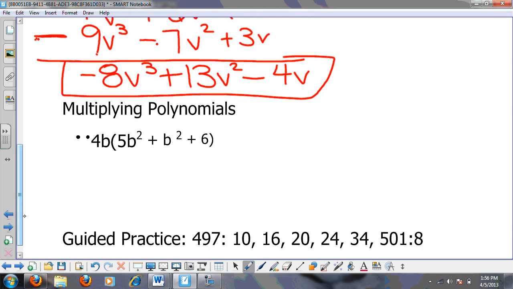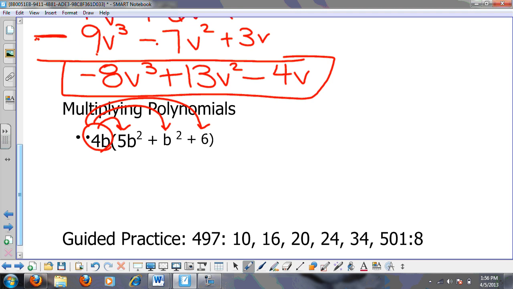Multiplying polynomials. Just like the distributive property, 4b becomes my distributor and goes to each term inside the parentheses. This is actually in the next lesson, so your examples for this are on page 500. 4b times 5b squared.